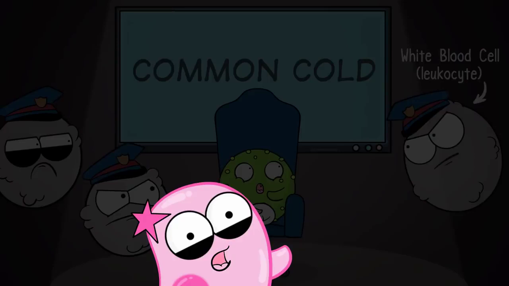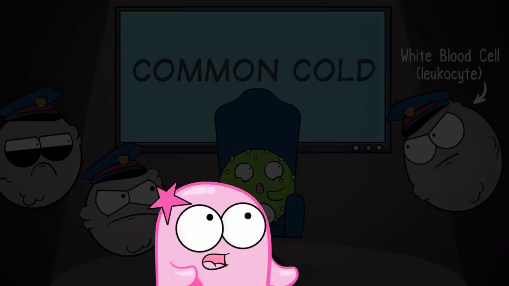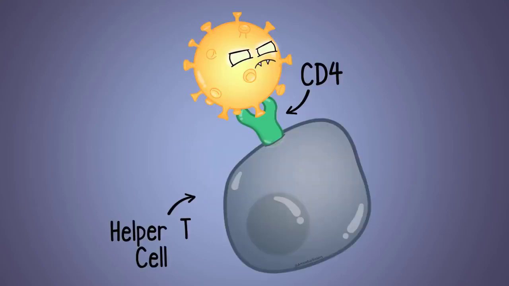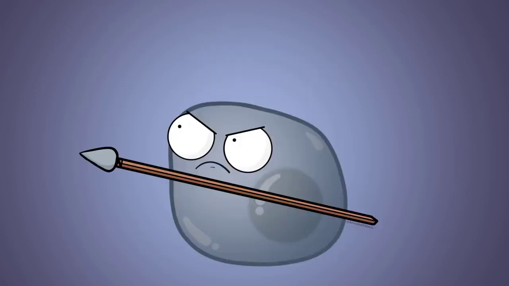But unfortunately, some viruses are extremely complicated, like HIV, a virus that can lead to AIDS. Like most viruses, it is very specific. It binds to a CD4 glycoprotein that is found on the surface of specific cells, such as helper T cells. The problem about this particular target is that helper T cells play an important role in protecting the body in the immune system.